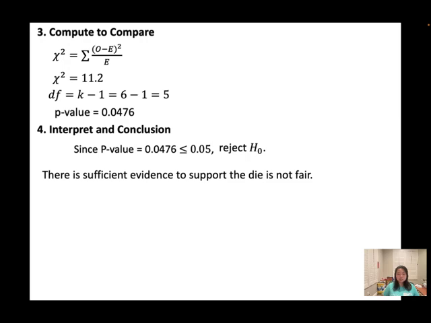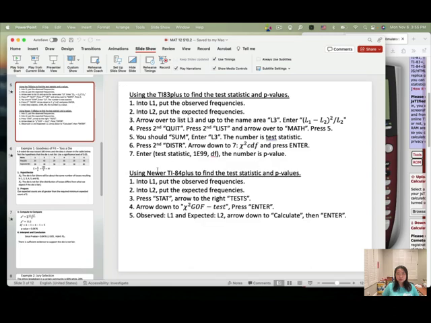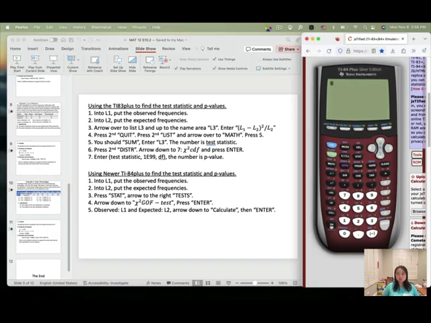Now, let's try to use the calculator. I'm using the TI-84 Plus, so I'm going to use this second part. Go to STAT, Edit, number 1 Edit.